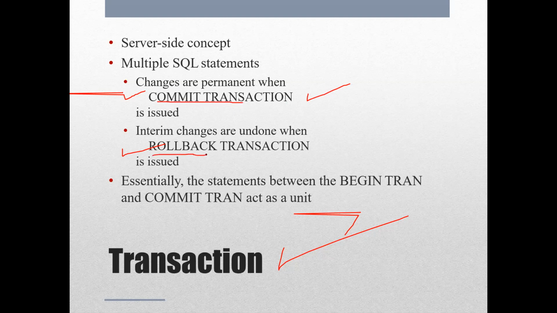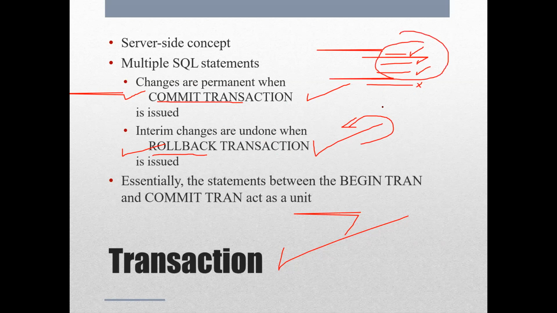Then there is another action, called rollback, which as its name suggests means we don't want to keep anything that has been done. For example, there were four lines of SQL statements in a transaction. The first line was successful, the second successful, the third successful, the fourth was not. And I say no, I don't want these three lines to be successful either. I just want to roll back my transaction.